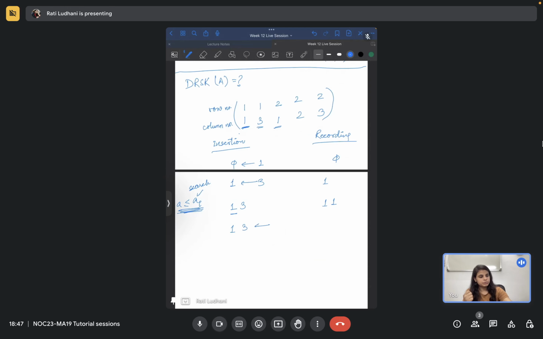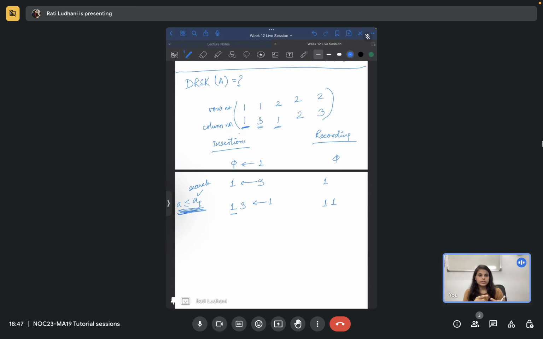Now you insert 1. So when you are inserting 1, what do you need to do? The condition says you consider the leftmost AI such that A is less than or equal to AI.